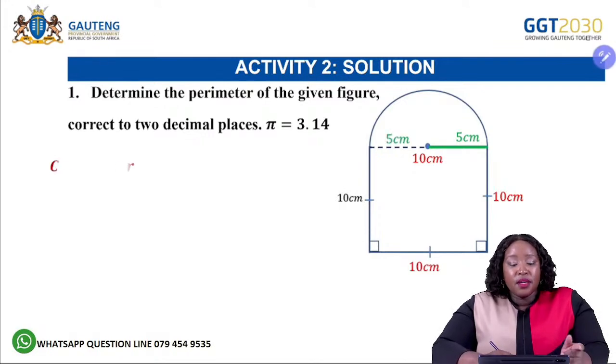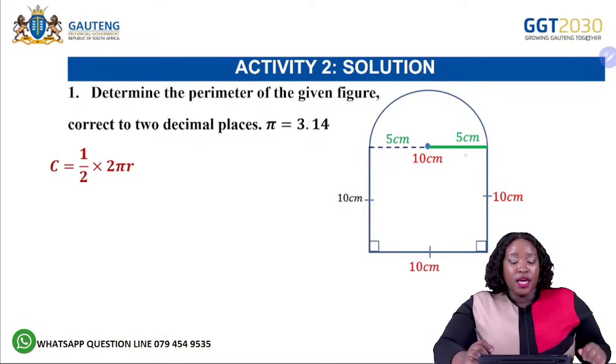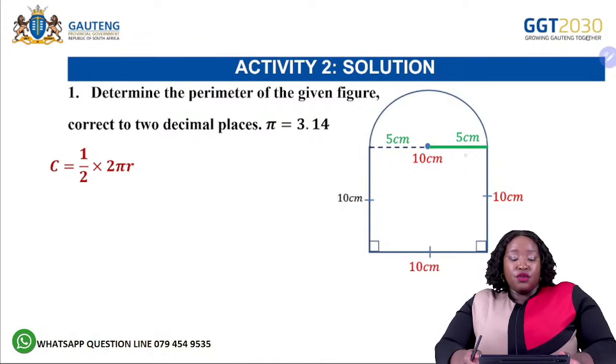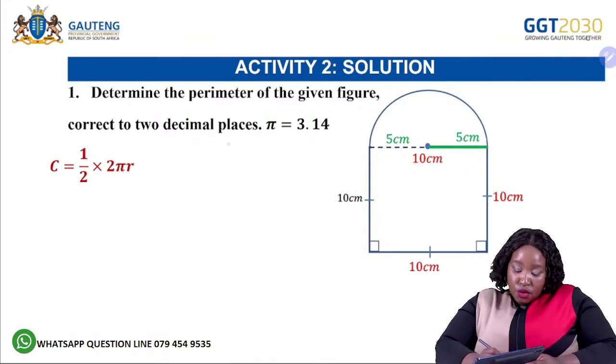What's the next part? The next part is for us to formulate a formula. So we know that for the perimeter or the circumference around the curve, we would use the formula for a full circle divided by 2, or half times 2 pi r, right? Already when you look at it, you can tell. Let me just show you. A half times 2 pi r over 1.